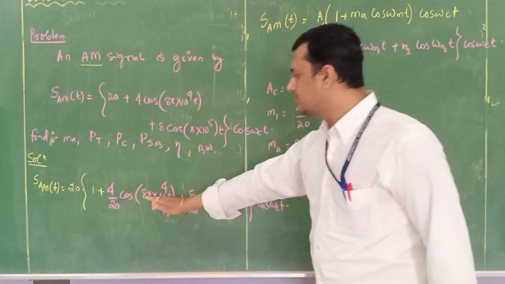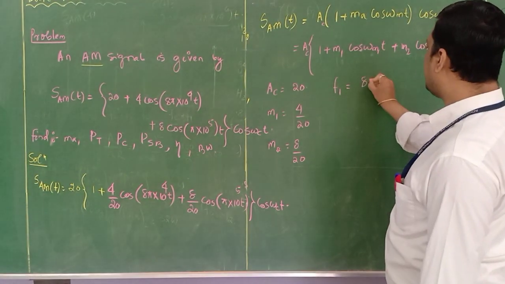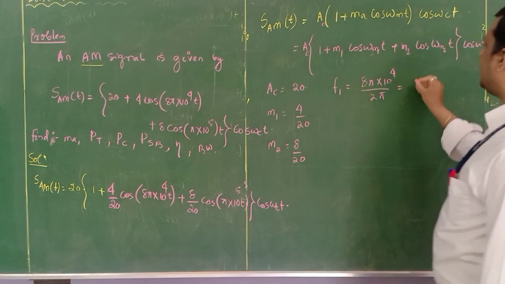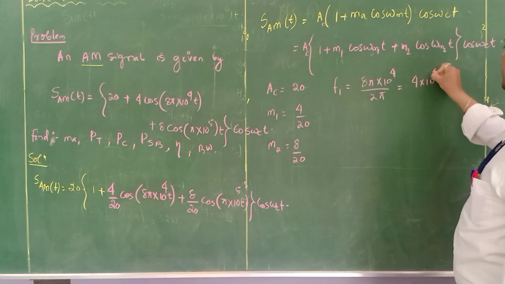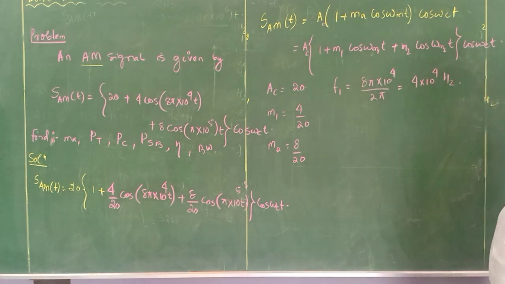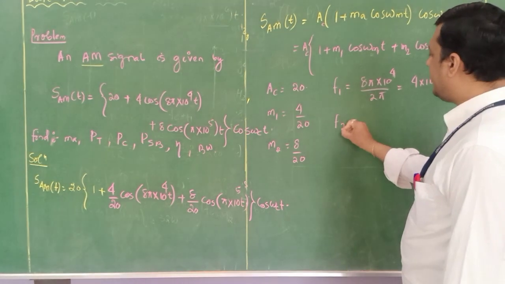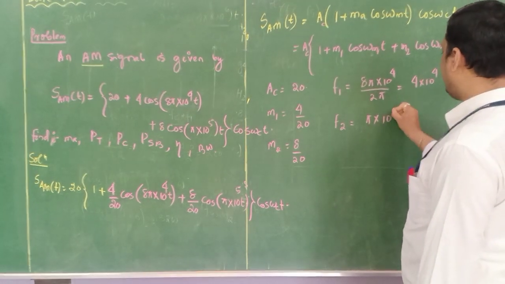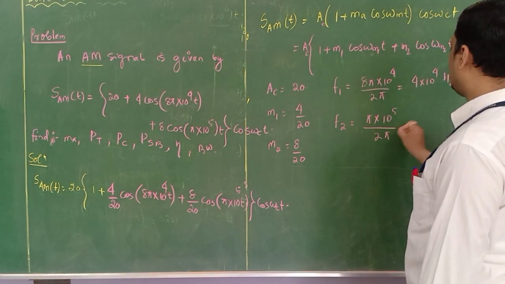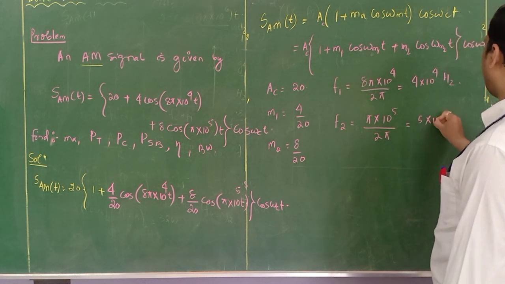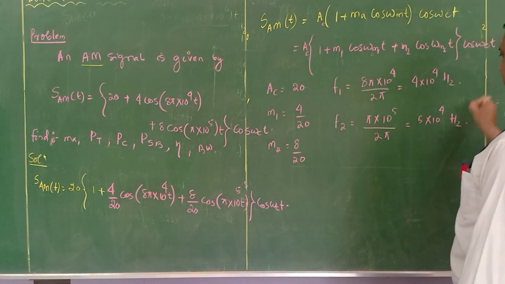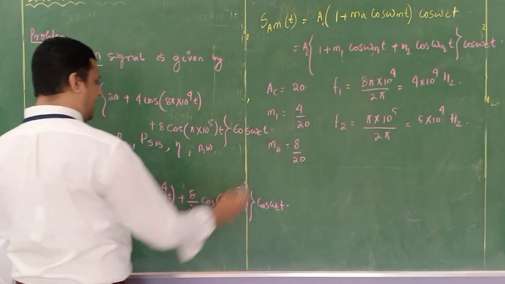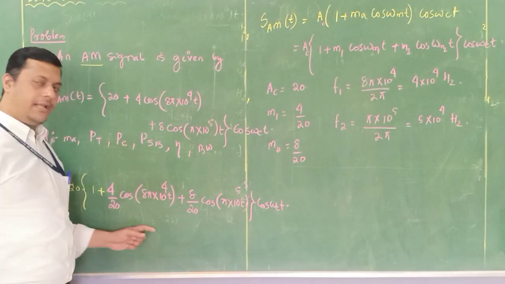F1 is equal to 8 pi into 10 to the power 4 divided by 2 pi, that is equal to 4 into 10 to the power 4 hertz. Similarly, F2 is equal to pi into 10 to the power 5 divided by 2 pi, that is 5 into 10 to the power 4 hertz. This is my F2. So these are the relevant data we have extracted from the given AM equation.